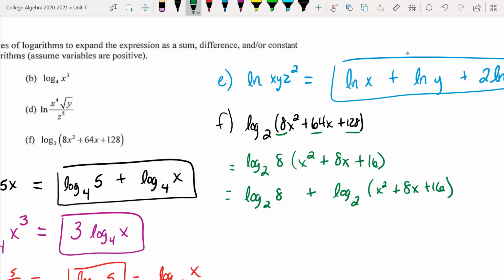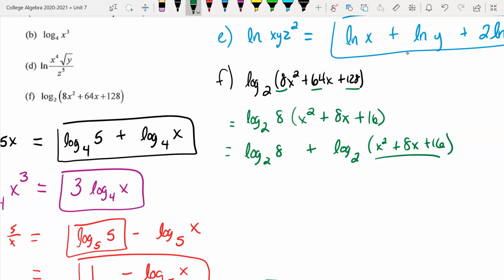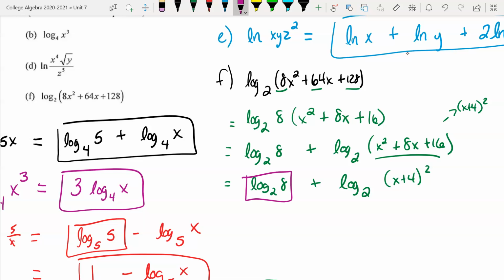Now, x squared plus 8x plus 16 can be factored into x plus 4 squared. So I'm going to say log base 2 of 8 plus log base 2 of x plus 4 squared. Now, log base 2 of 8, I have to think, 2 to the what power gives me 8? Well, that would be 3.